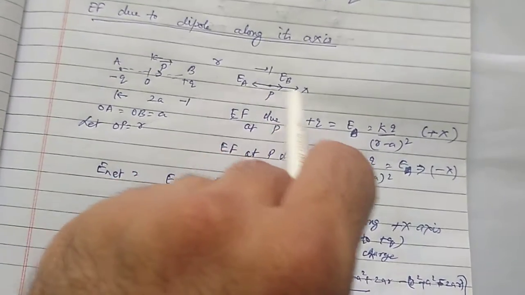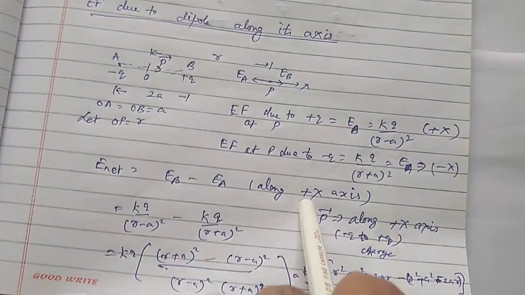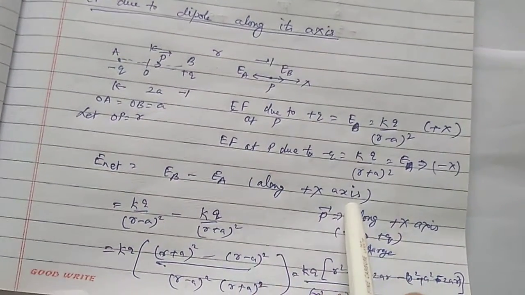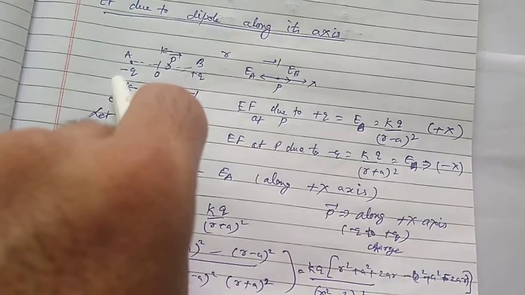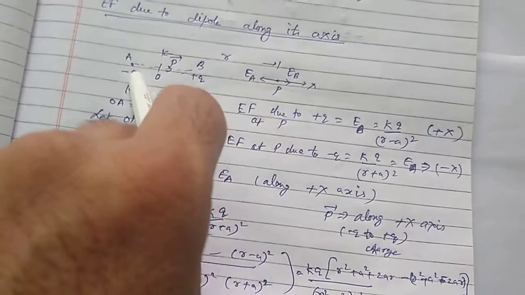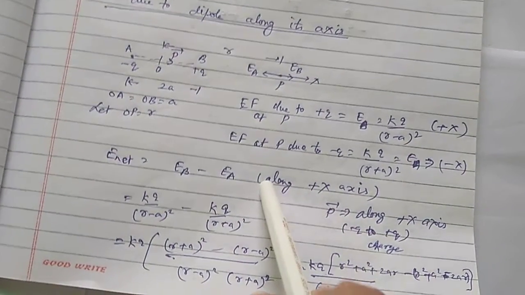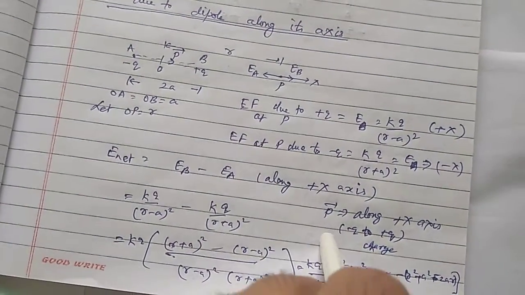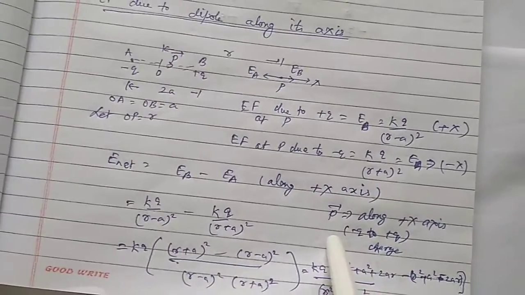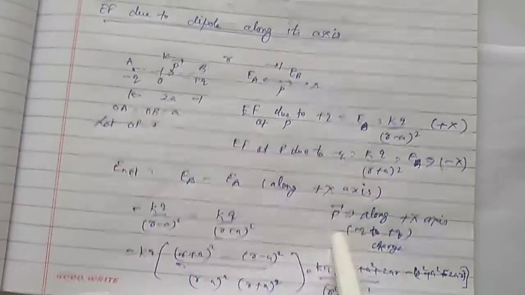And since EB is along the plus x-axis, the net electric field is along the plus x-axis. The dipole moment is directed from minus q to plus q charge, so it is also along the plus x-axis. Therefore, the net electric field and the dipole moment are both along the plus x-axis, so I can say they are in the same direction.